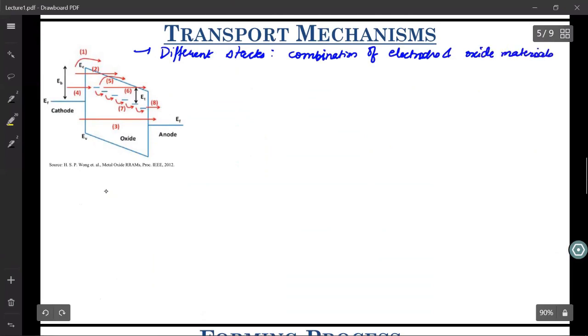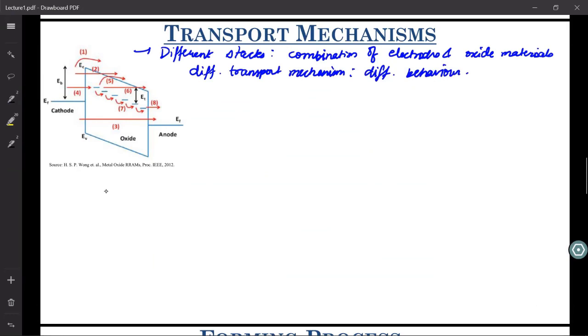A different combination of electrode and oxide material will give you a different kind of transport mechanism, or a different switching mechanism, or a different behavior altogether. It is very difficult to explain all these transport mechanisms using a single or unified theory. So this is also debatable. Different stacks will have different mechanisms, and there is no universally accepted model.